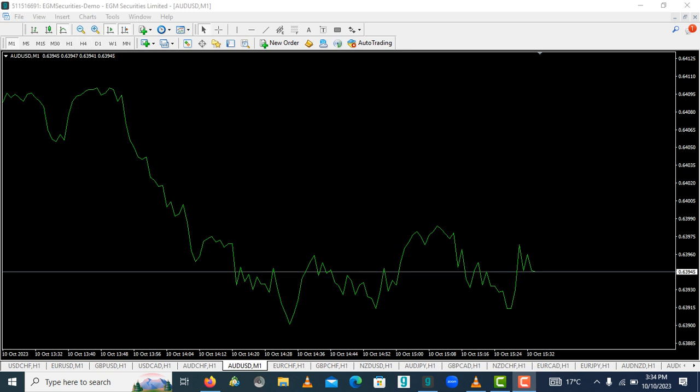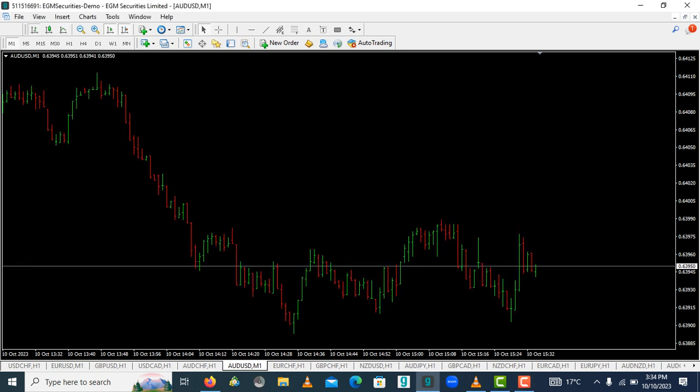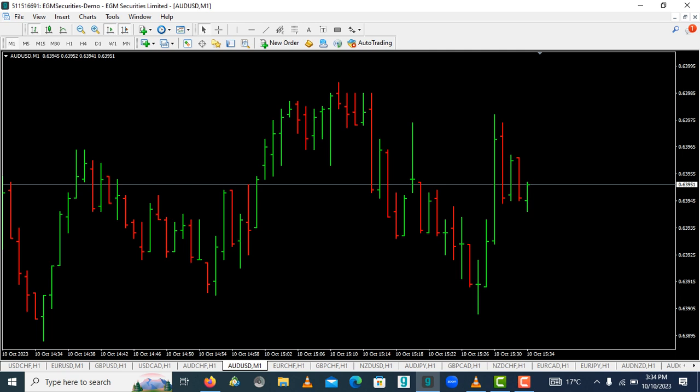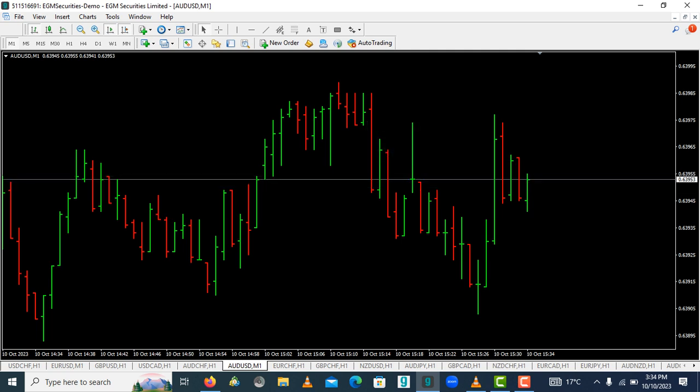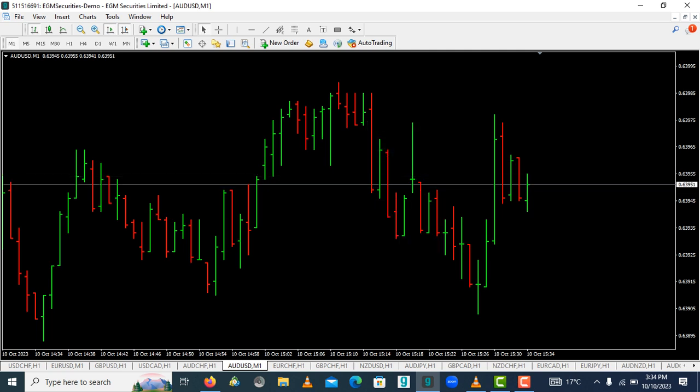The second way of presenting price is what we refer to as bar charts. In the bar charts, as you can see, we have long bars, which have a protruding part on the left side and a protruding part on the right side. Now, what does this mean?